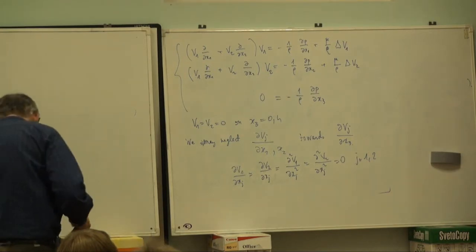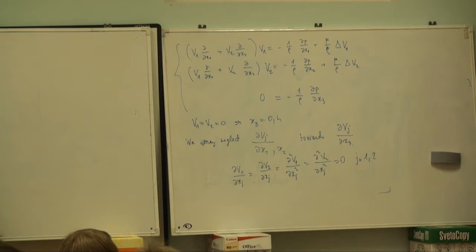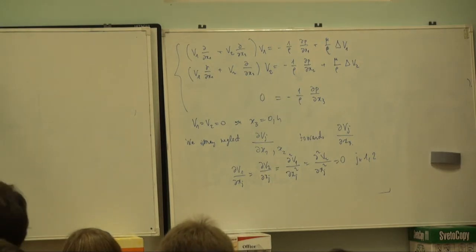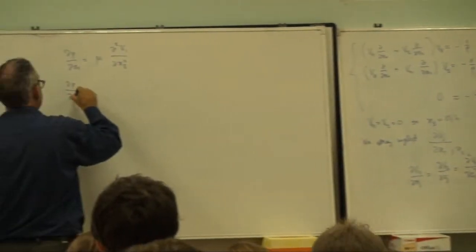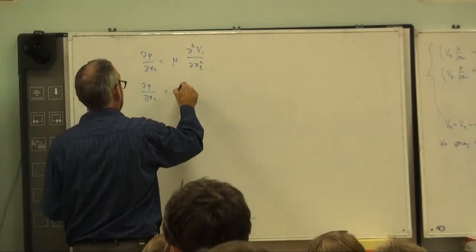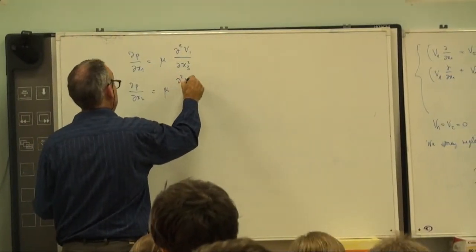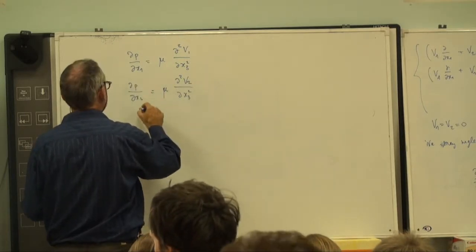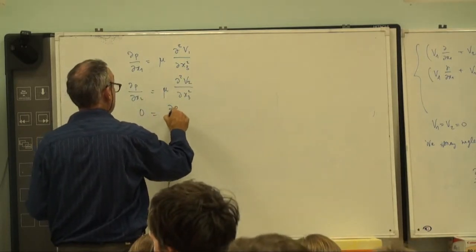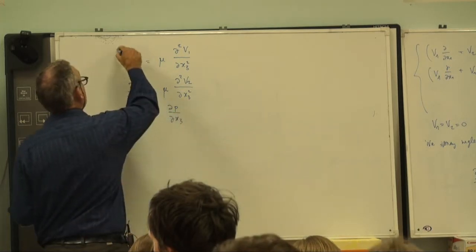And now we get dp over dx1 is equal to mu d2 v1 over dx3 square, dp over dx2 is equal to mu d2 v2 over dx3 square, and 0 is equal to dp over dx3.